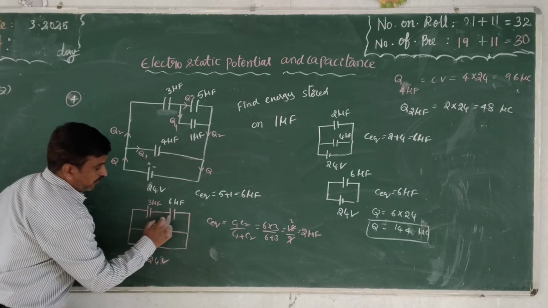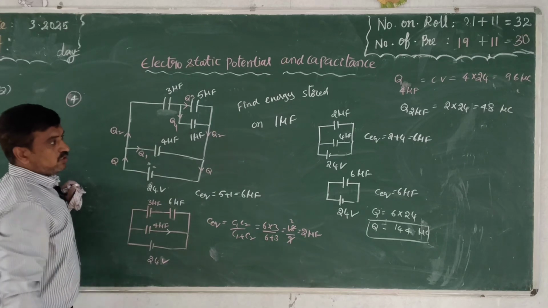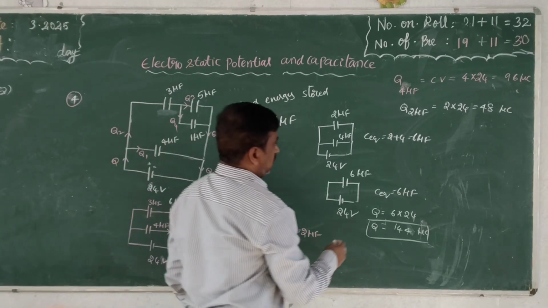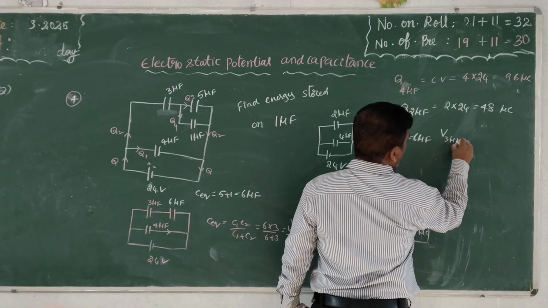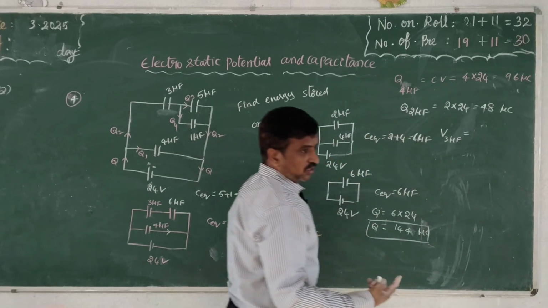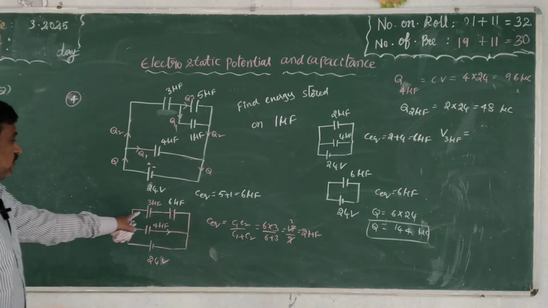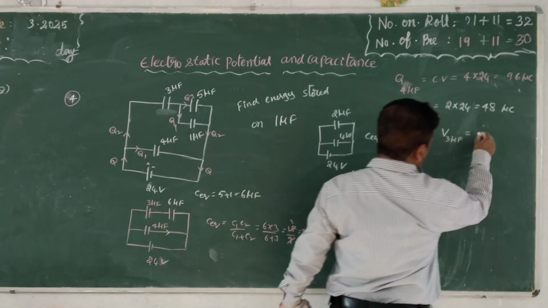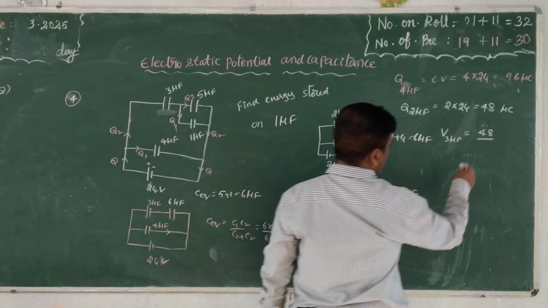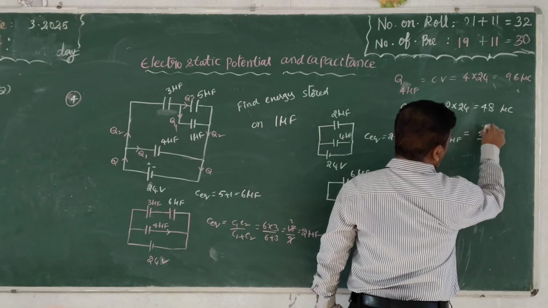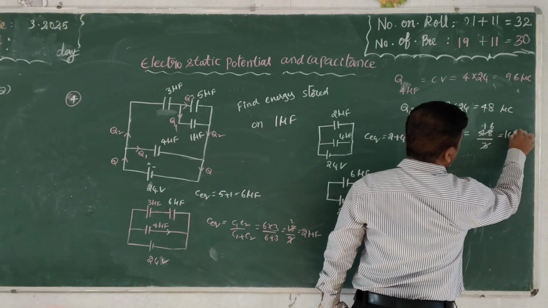Now we want to find out the potential here and here. Potential at 3 microfarads is Q by C. Q is the same here and here. Charge is 48, and C is 3, so 3 16s are 48, 16 volt.